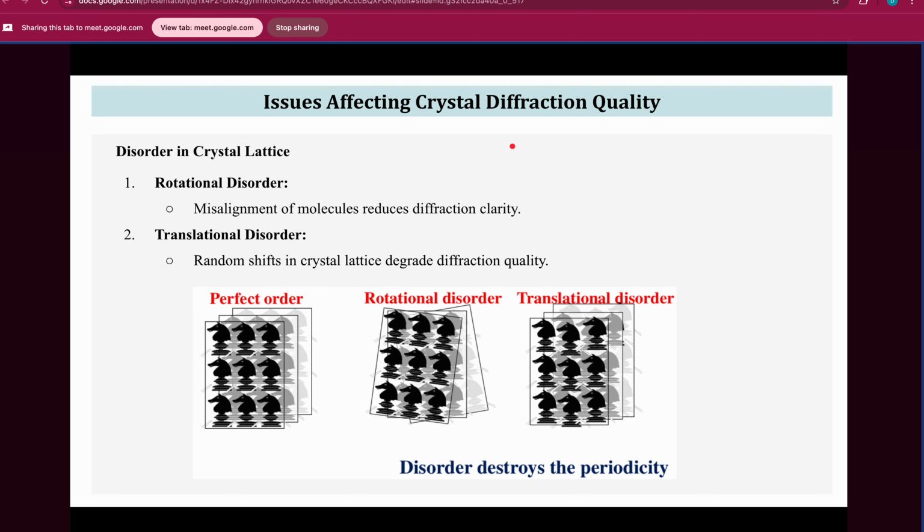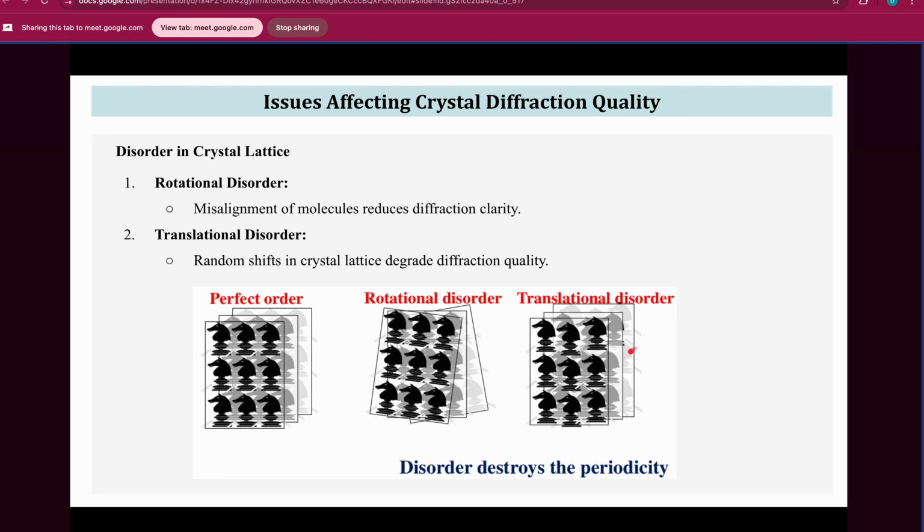Now there are certain issues with crystal diffraction quality. If there is some disorder while doing all of this, some rotational disorder might arise. As I told you earlier, there are different unit cell layers which are present on top of each other. If there is disorder among those layers, a rotational disorder, then there is misalignment of molecules which will reduce the diffraction clarity.